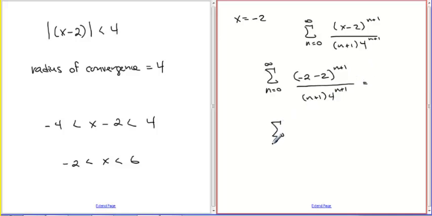Okay, so this is going to be -4 to the n plus 1 power, and then you're going to be over n plus 1, 4 to the n plus 1. So we can rewrite that top term.